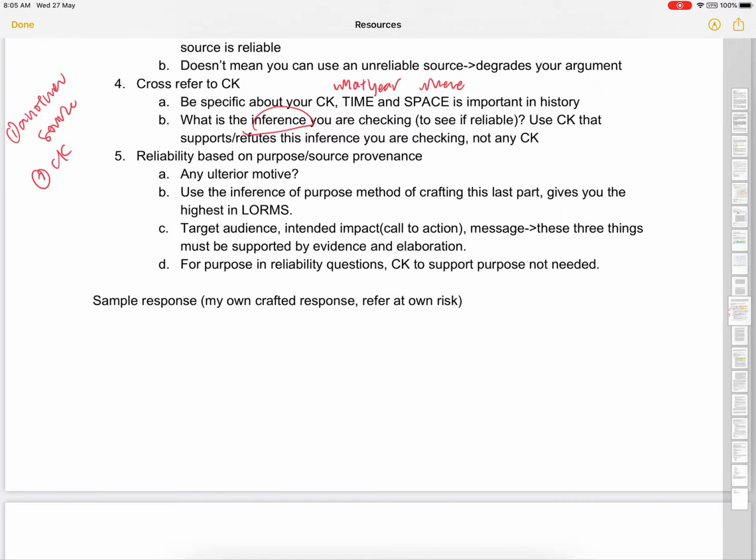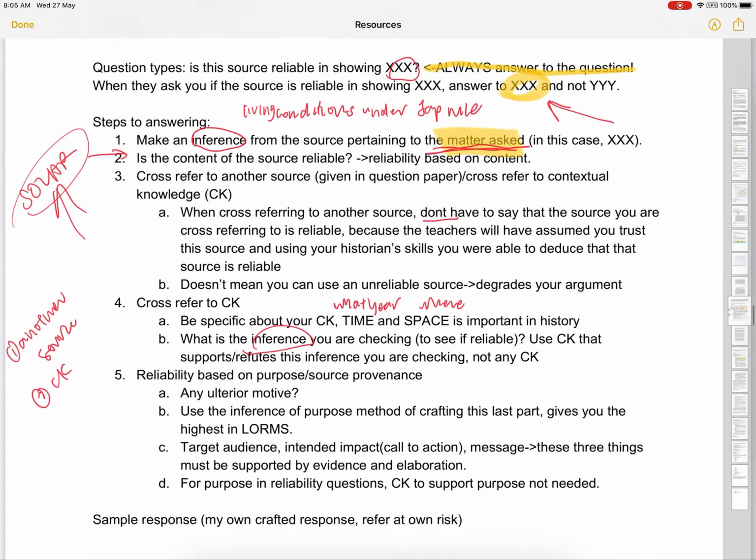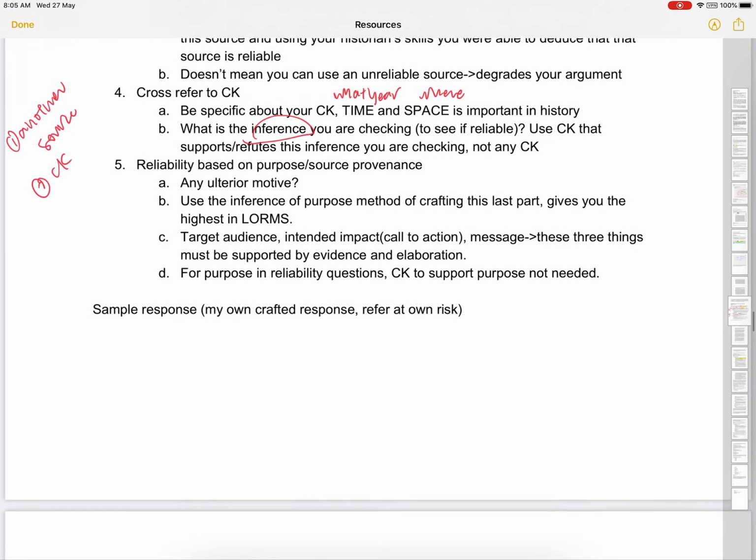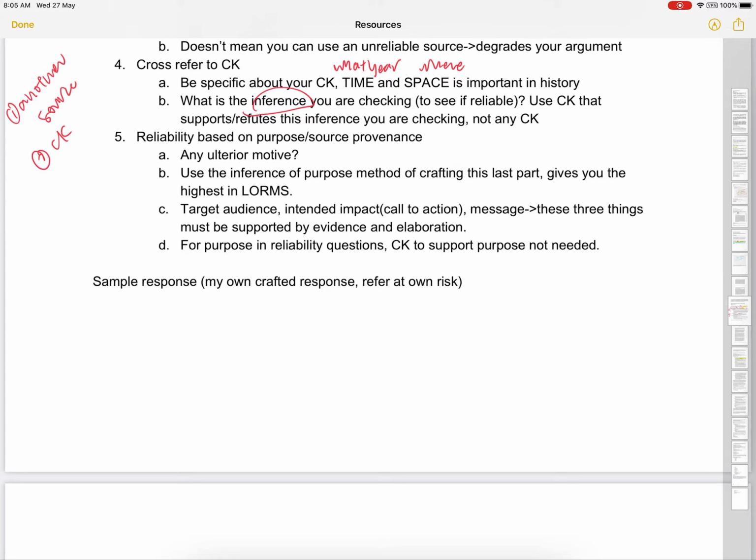Okay, so when you cross-refer to your CK, you must remember to be specific. Time and space, what year, where, is very important in history. And you must always keep in mind, what inference are you checking? So you use CK that supports or refutes this inference that you're checking, not any CK.